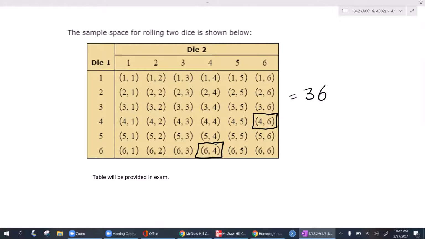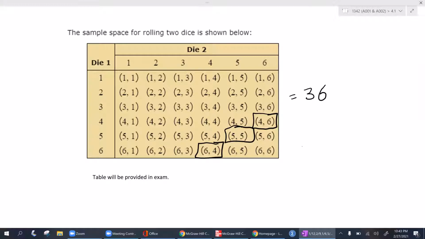What's another way you can get 10? You can't say something like 7 and 3. Sure, 7 plus 3 gives me 10, but remember, these dice only go up to 6. But 5 and 5 do.